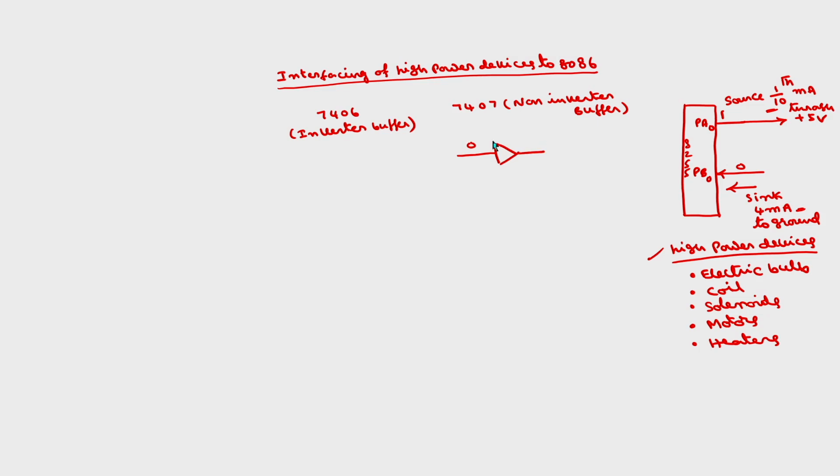If you have logic 0 here, the output is also logic 0. If you have logic 1 here, the output is also logic 1. In terms of voltage it is the same, but this is going to amplify the current. This will act as a current amplifier. Whereas in the case of an inverting buffer, logic 0 gives logic 1 and logic 1 gives logic 0, but the current capacity will be more. This will also act as a current amplifier.